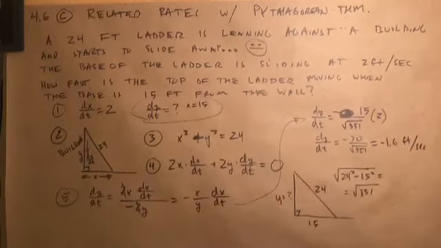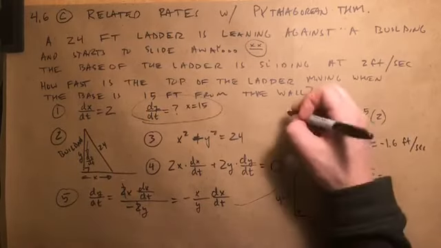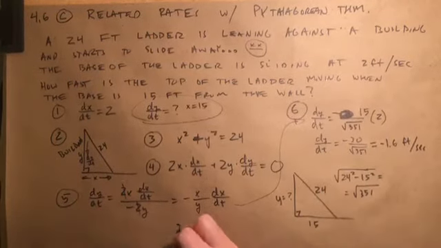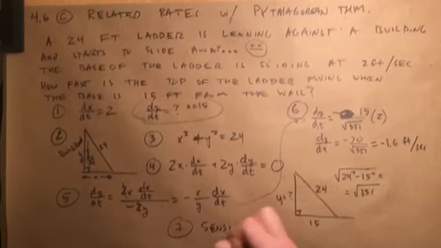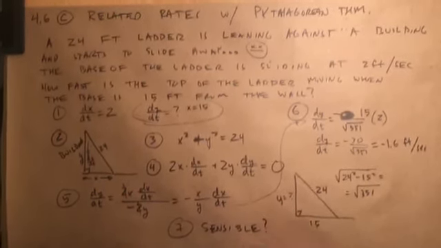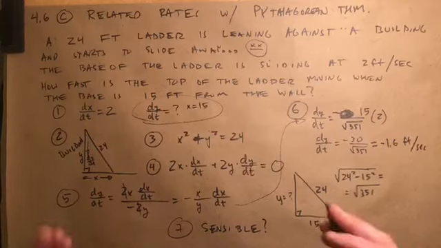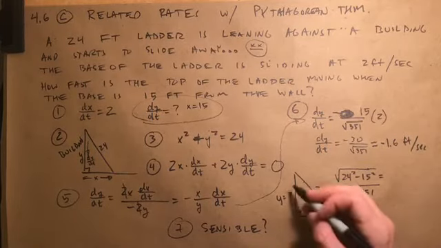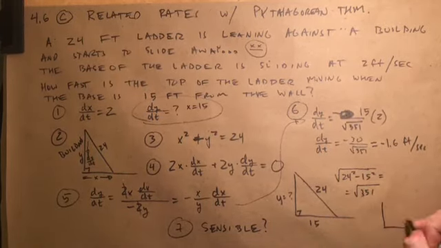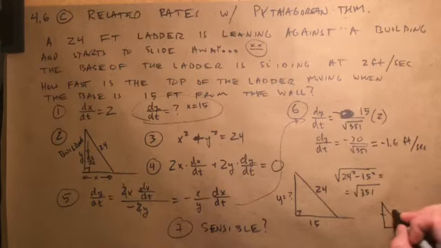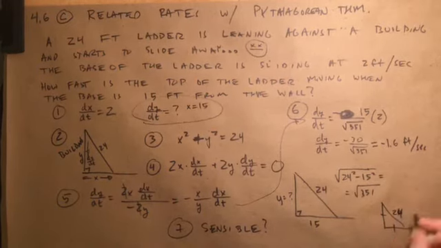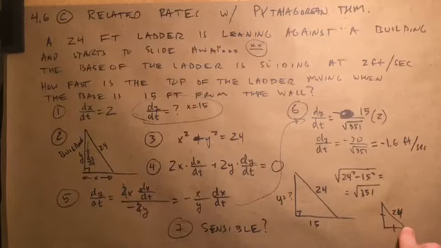Okay, let's see if this makes sense. This was step 6. Finally, step 7. If I have the ladder and it has the same length on each side, this isosceles triangle, as this one gets smaller, that one's going to get bigger at the exact same speed.